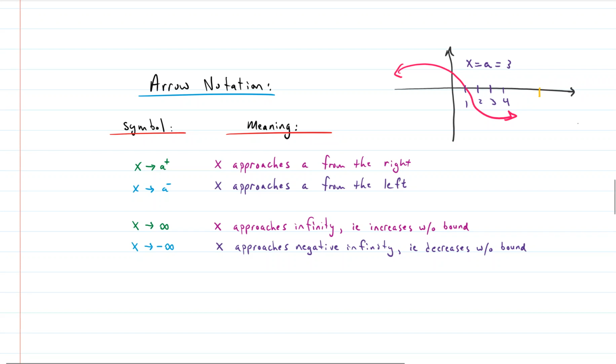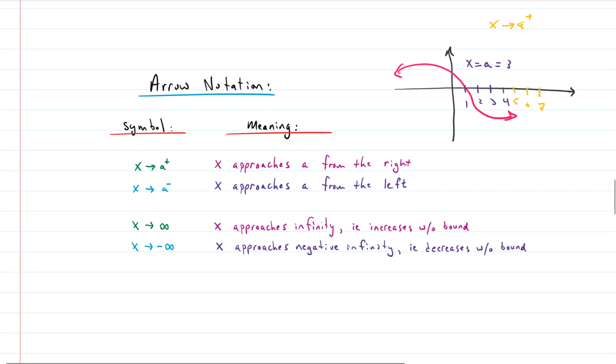So if we were coming towards A, say x is approaching A from the right side, we'd have x, right arrow, A with a positive in the power. Then we would start at, I don't know, x equals 7, and then we'd go down to 6, then down to 5.